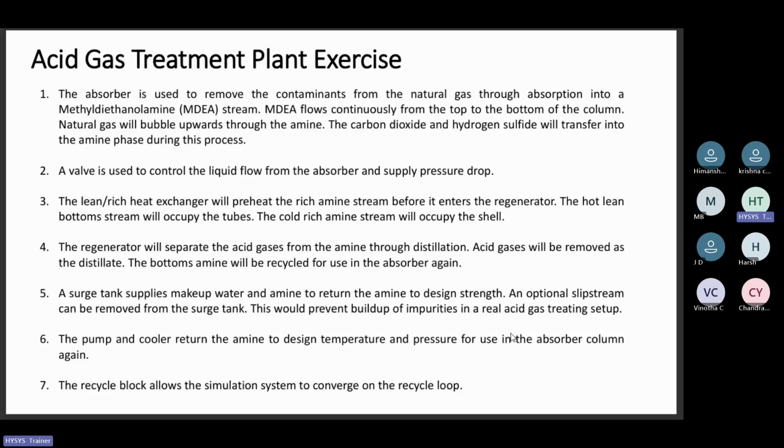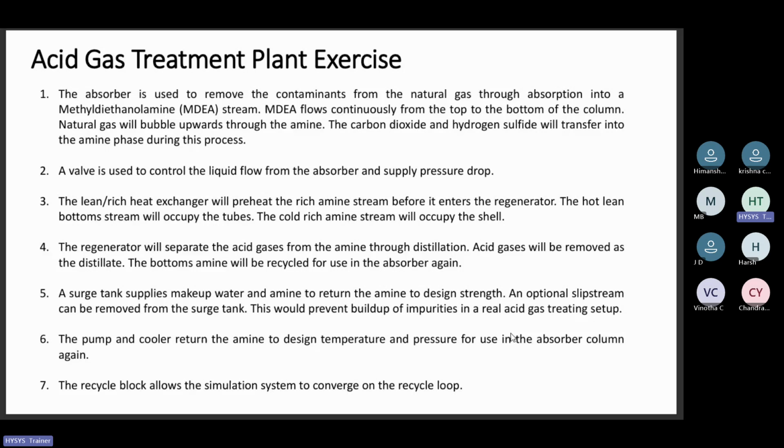A lean or rich heat exchanger will preheat the rich amine solution before it enters the regenerator. The hot lean bottom stream will occupy the tubes, and the cold rich amine stream will occupy the shell. As we have seen in our shell and tube heat exchanger, there are some criteria for setting the fluids, like which fluid should occupy the shell and which fluid should occupy the tubes.